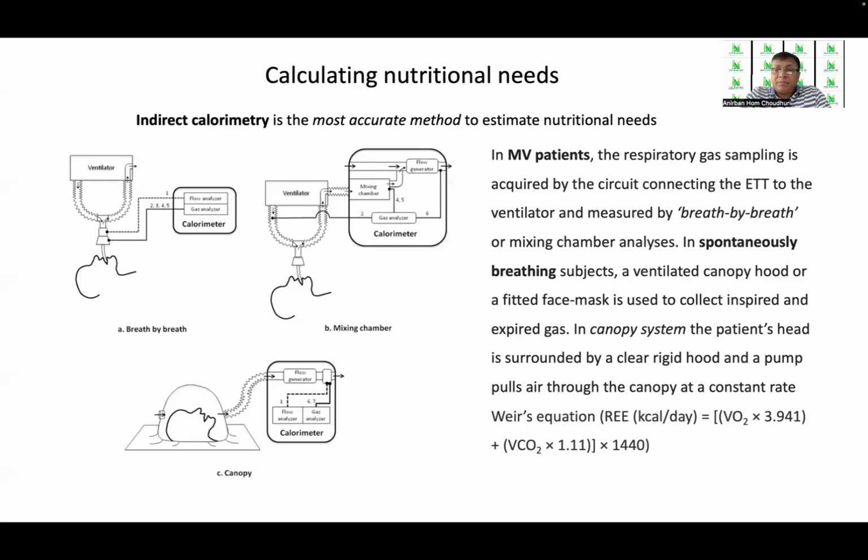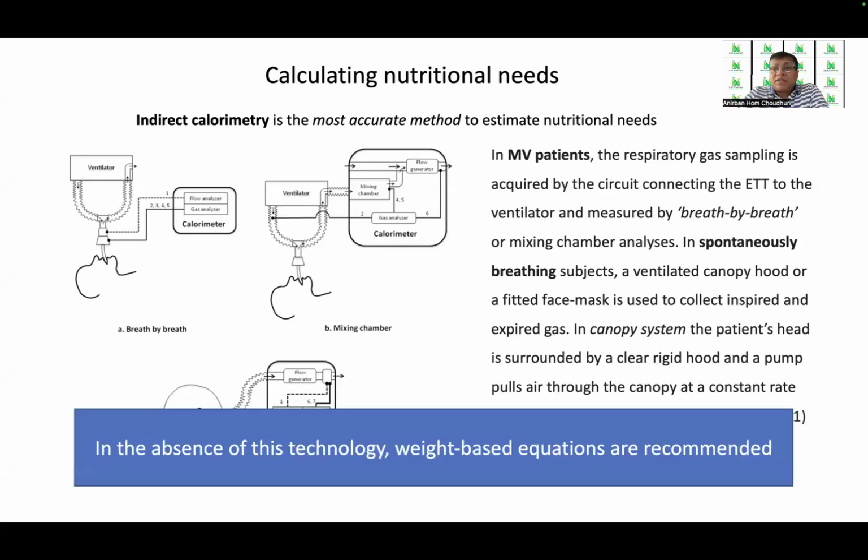In the canopy system, particularly, the patient's head is surrounded by a clear rigid hood and a pump pulls air through the canopy at a constant rate. So the basic idea is always to gather the gas so that the sampling can be done and the VO2, which is the oxygen consumption, and the VCO2, that is the carbon dioxide production, can be calculated.